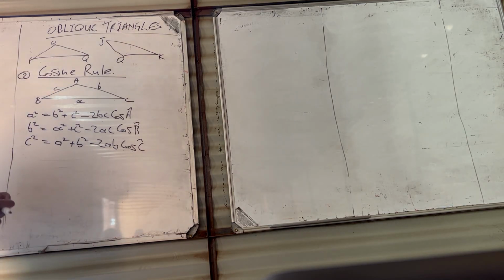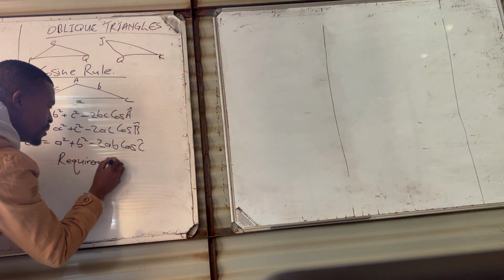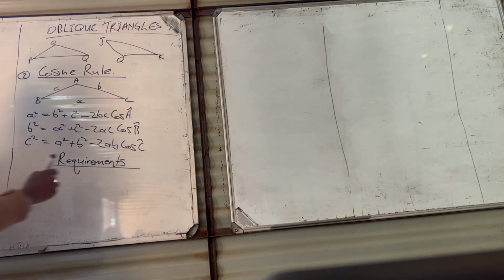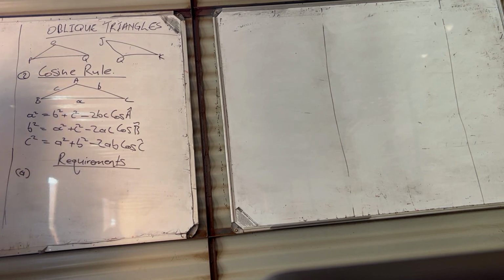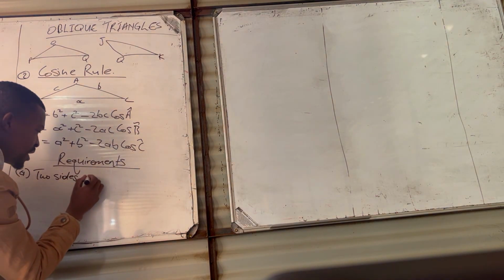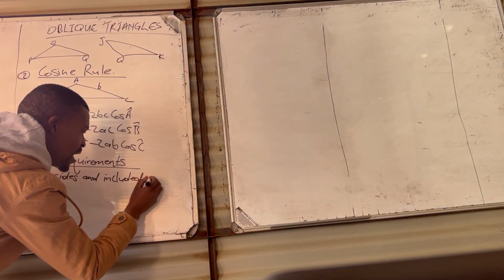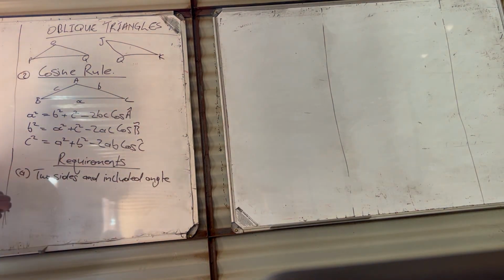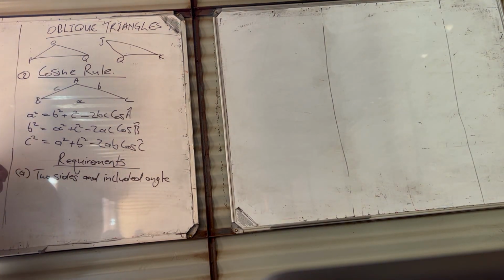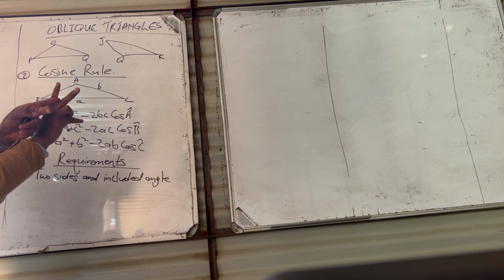What are the requirements for the cosine rule? Requirements: when do we use the cosine rule? Firstly, we need two sides and an included angle.